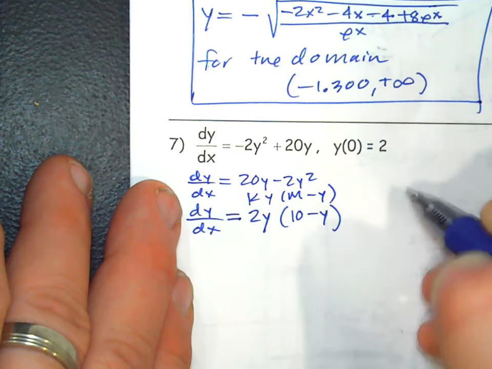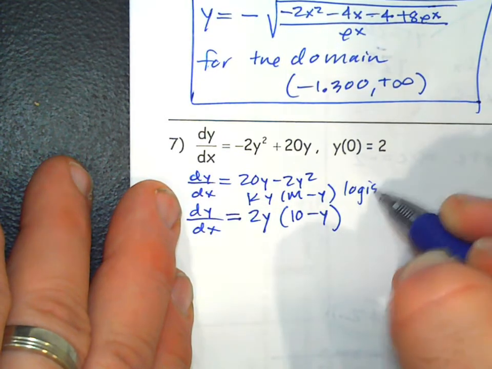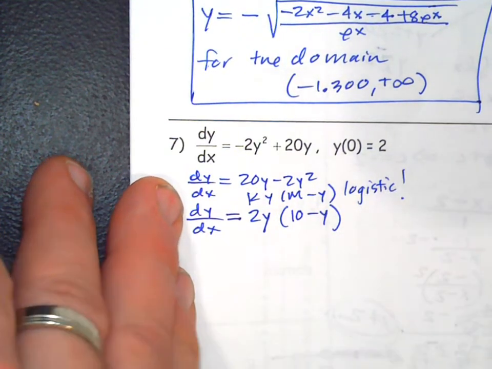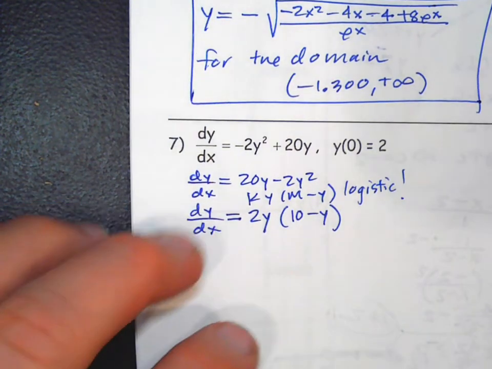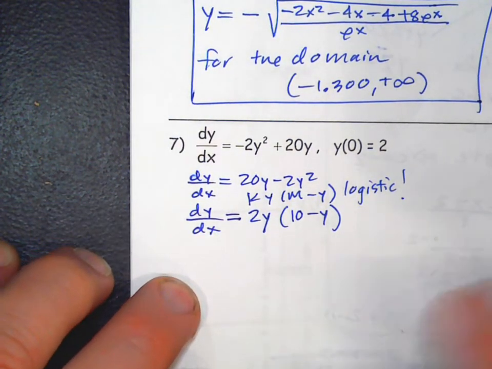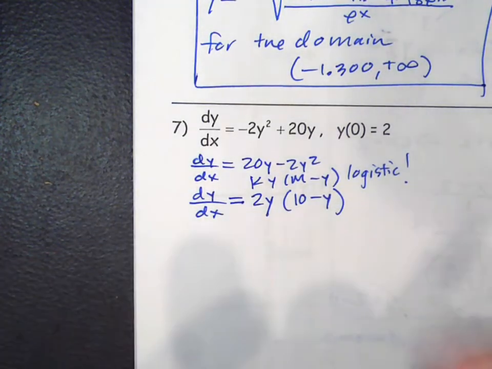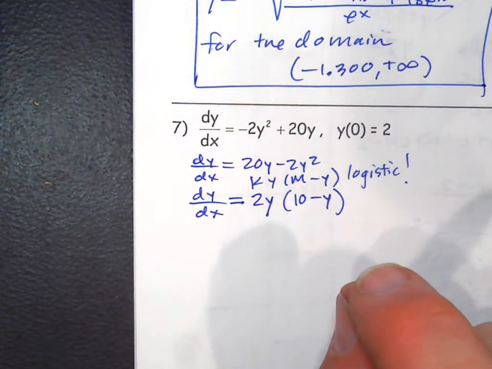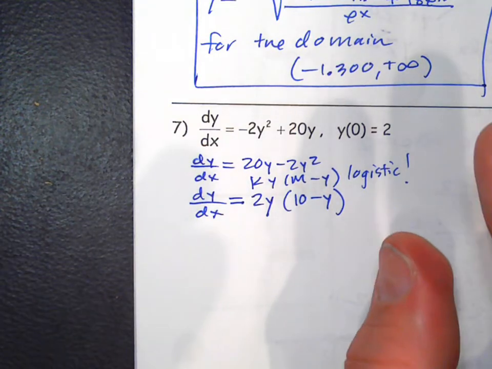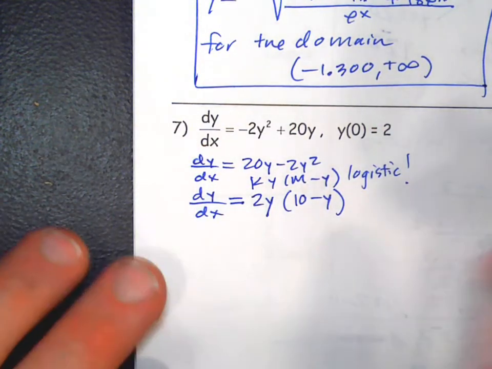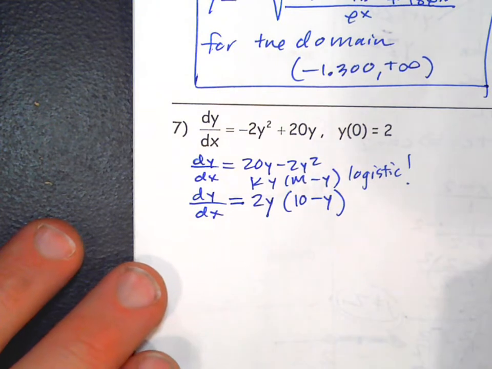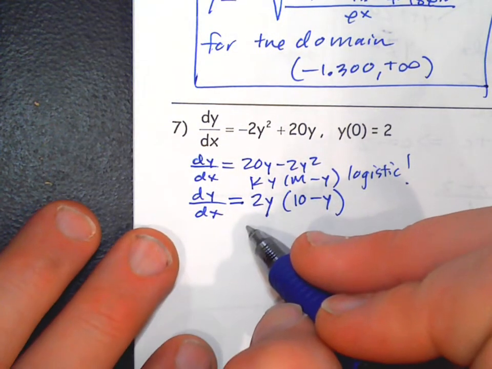This is totally logistic. Okay, but on this part of the test, you can't do logistic. I mean, I'll show you what the answer is with logistic, but if you do it that way perfectly, I'll pretty much only give you half credit. If you make any mistake with it using the shortcut, you'll get no credit. So you're going to probably want to do it the long way. I'll do the short way real quick.